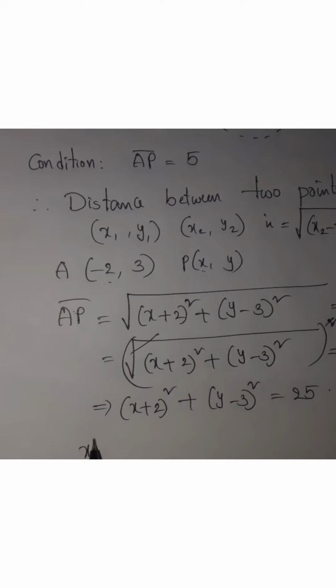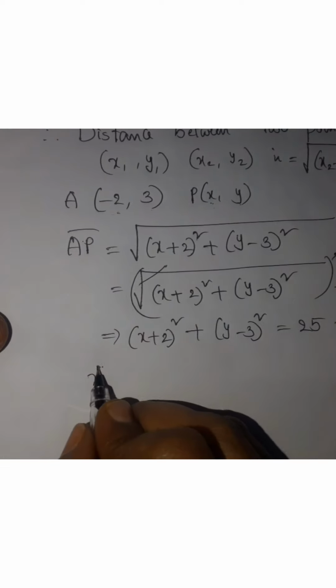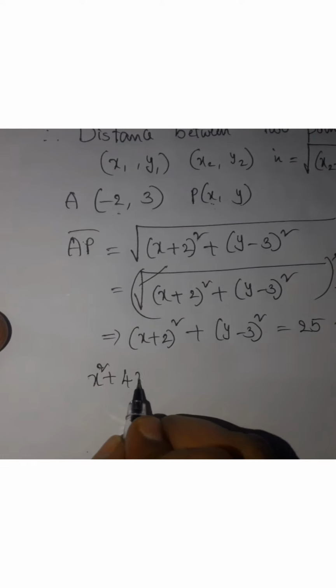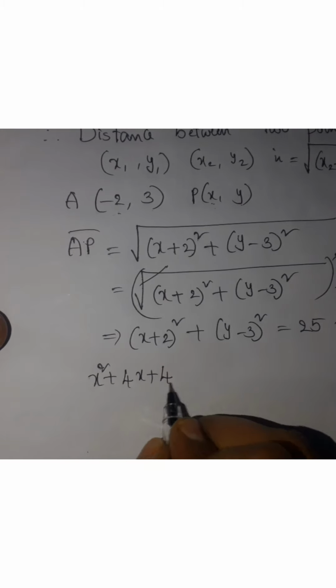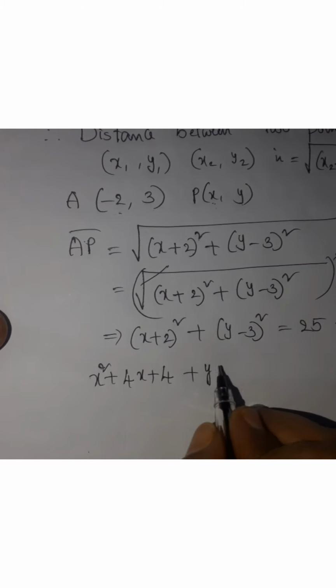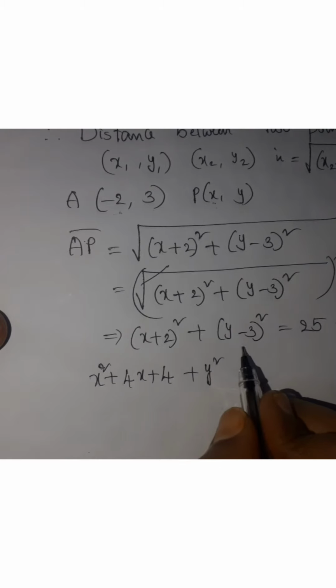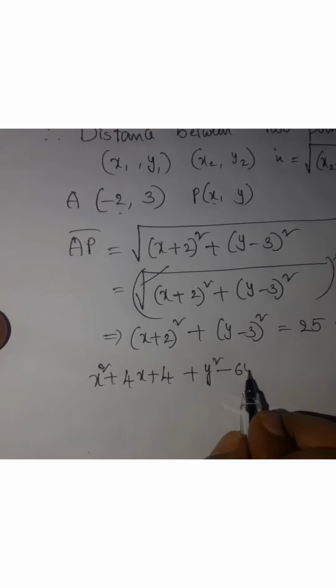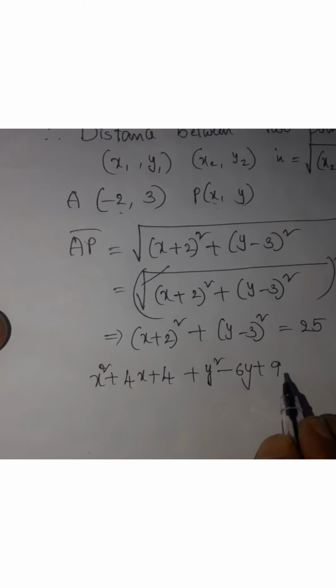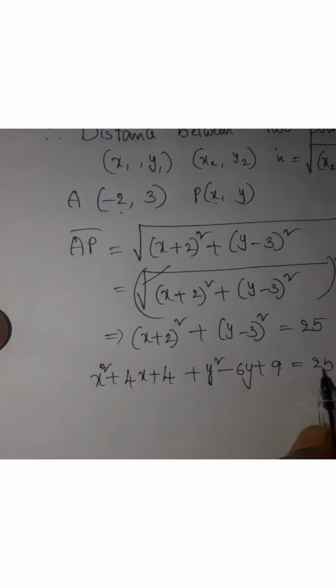You can simplify more. Apply the a plus b whole square formula. x square plus 4x plus 2 square is 4, plus y square minus 2ab, that is 2 into 3 into y, minus 6y, plus b square, that is plus 9, is equal to 25.